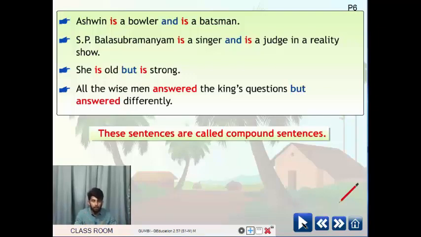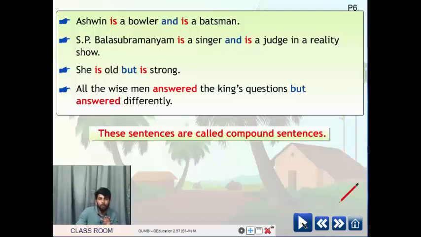Sentences which are formed by combining or joining two simple sentences together with the help of a conjunction or a connector, or sometimes they can be connected with the help of a comma also. Okay, so when two simple sentences are combined together, we will get a compound sentence.